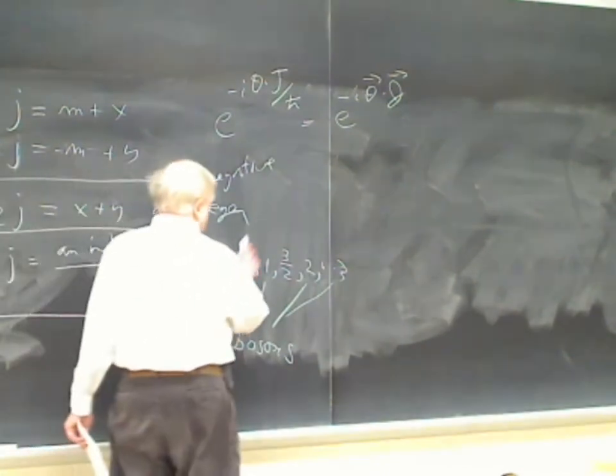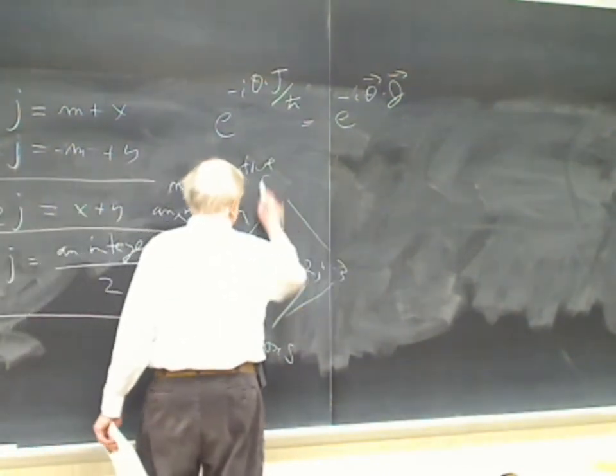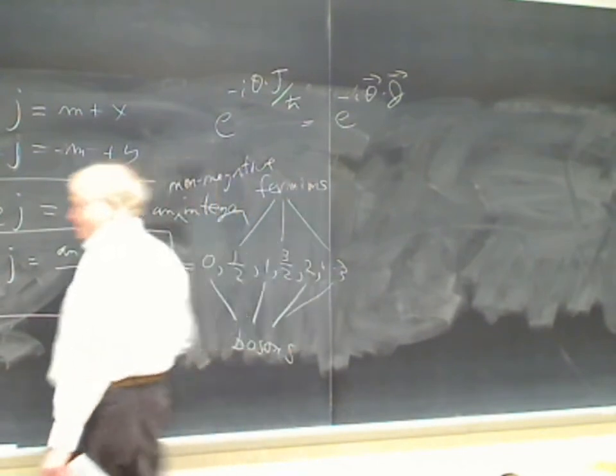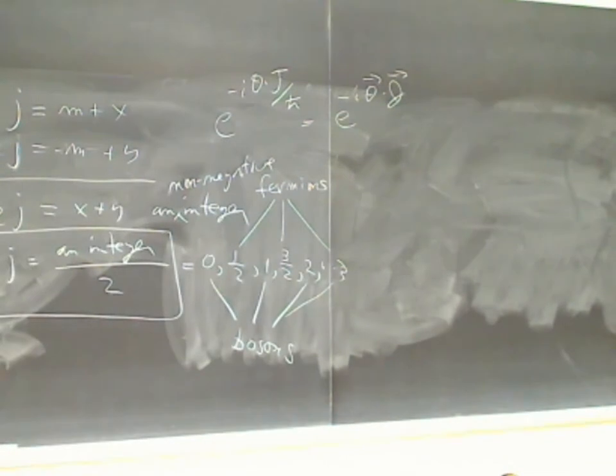Those are bosons, and then these guys are fermions. And as you know, there are radical differences in the properties of these two kinds of systems. Bosons are like sheep, the fermions are like cats. The bosons like to huddle together in the same state, but the fermions have to be in antisymmetric states, and therefore obey the Pauli exclusion principle.